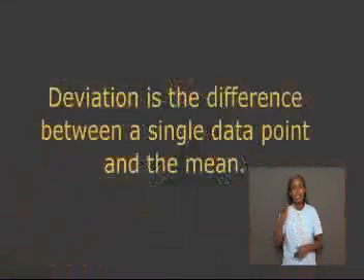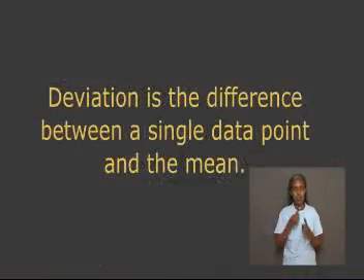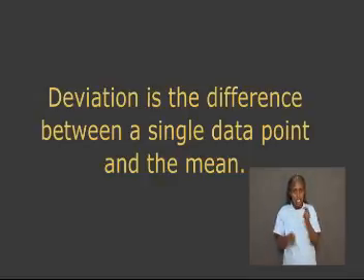The mean has several unique properties. The first involves the term deviation. Deviation from the mean is the difference between a single data value and the mean.